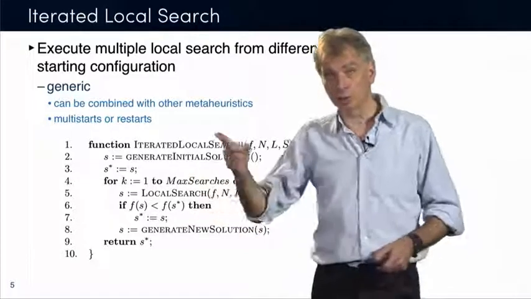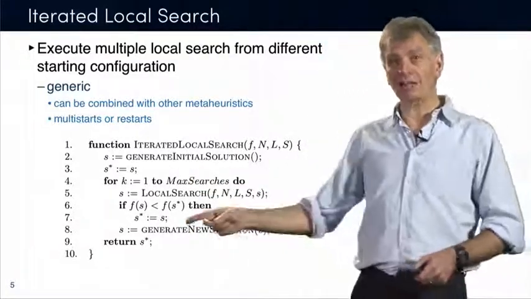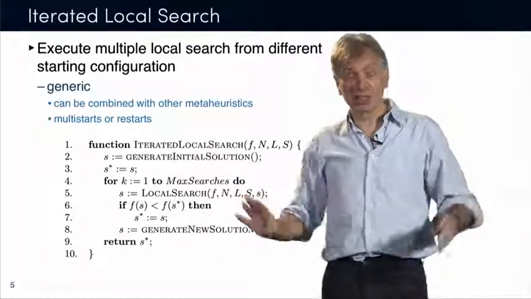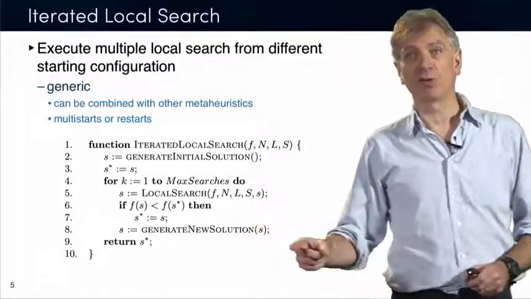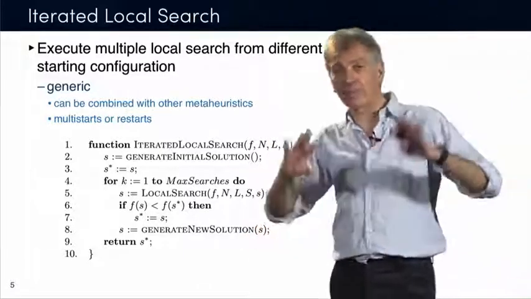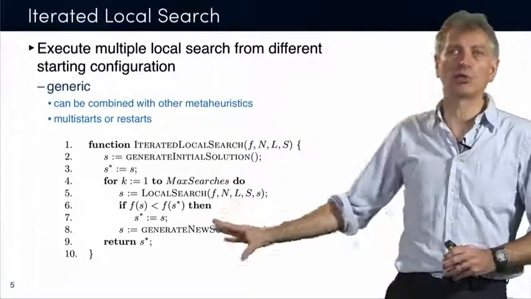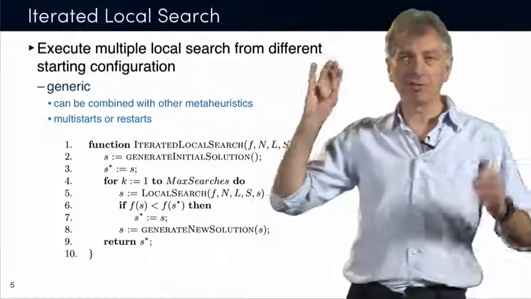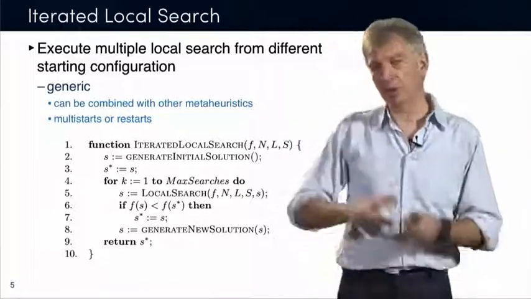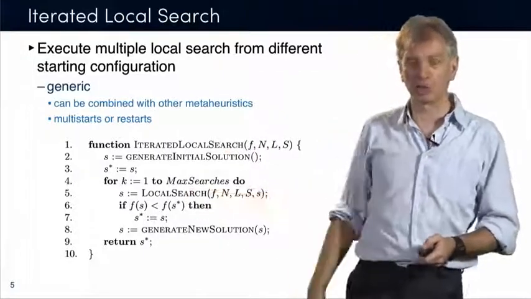You search again from that new starting point. Now that starting point can be completely generated randomly, or it can use the solutions that you have found so far. And there are techniques like path relinking, which are sophisticated ways to do this. But the basic idea here is that you do whatever you want, but you have to have a new starting point which you believe is going to be interesting. It can be completely random, or it can exploit some of the solutions that you have seen so far, or the current solutions that you have.